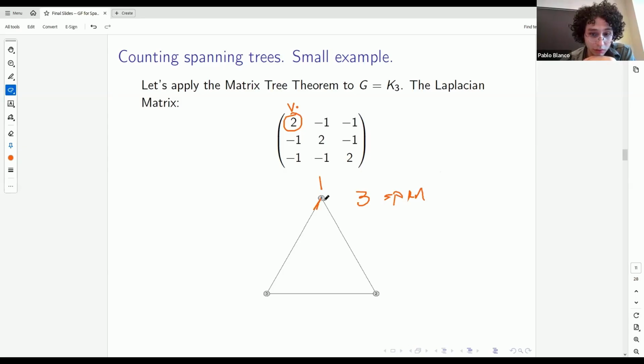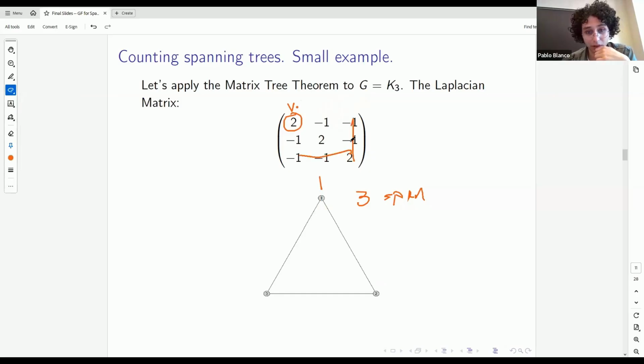It has 2 edges coming out. It's adjacent to V2 and V3, so we have a -1 here and there. All the other vertices look the same, so it's the same thing to fill out the other entries in the Laplacian.